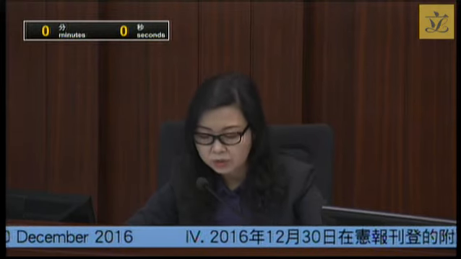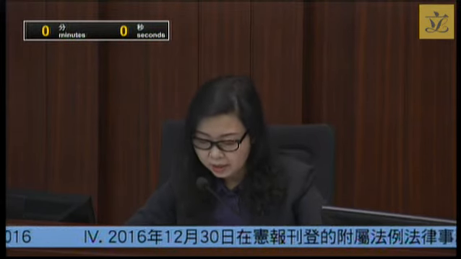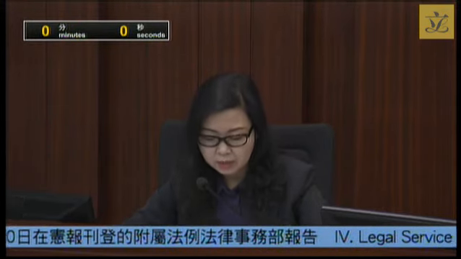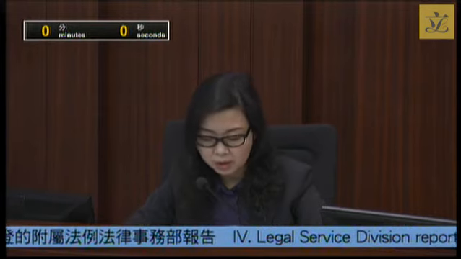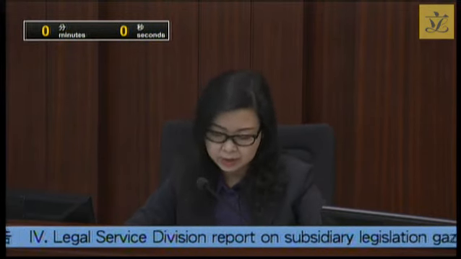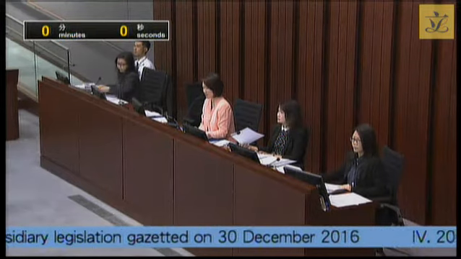And according to the administration, this is to facilitate the AIs to measure up to the Basel Committee requirements regarding securities, and this comes into operation on the 3rd of March 2017.